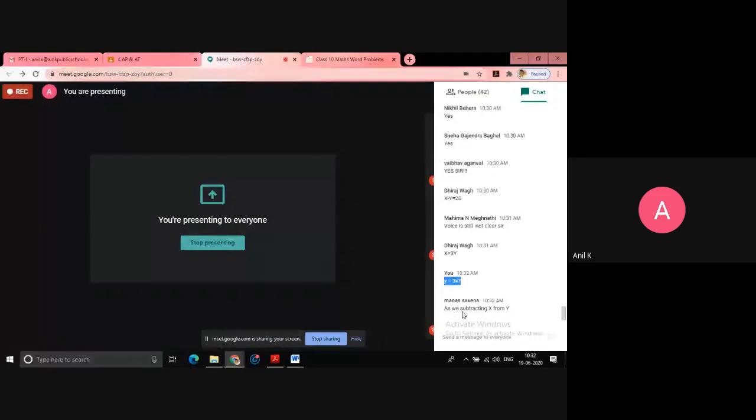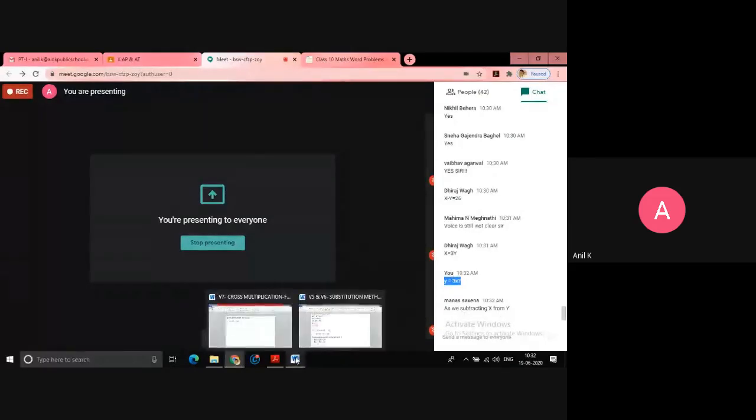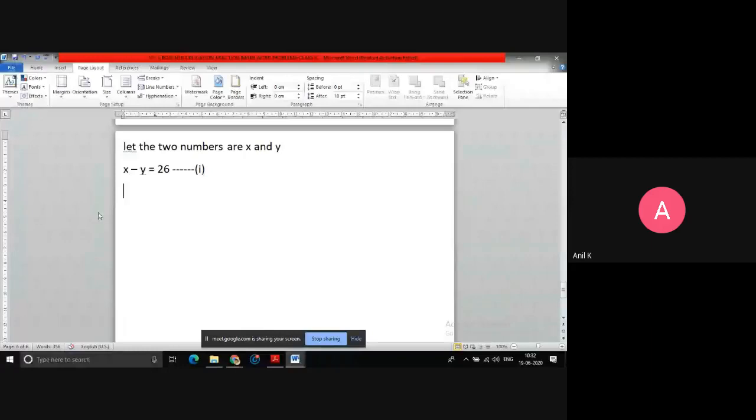Subtracting y from x. Now see here, if I put for example y equals to 3x, which number is the bigger number? y is 3 times of x. So x is the smaller number, then I have to make it thrice, then I will get the y value. So here indirectly you are saying y number is bigger. So if y is bigger and x is smaller, you are subtracting smaller number minus bigger number, but still you are getting a positive number.